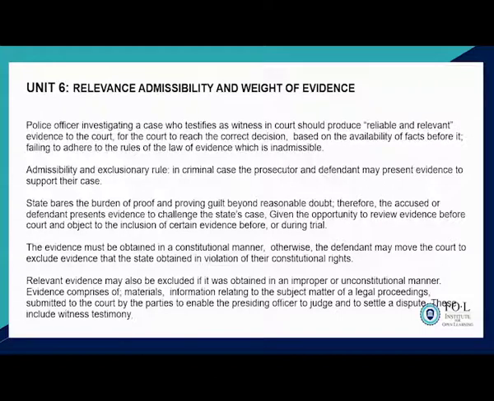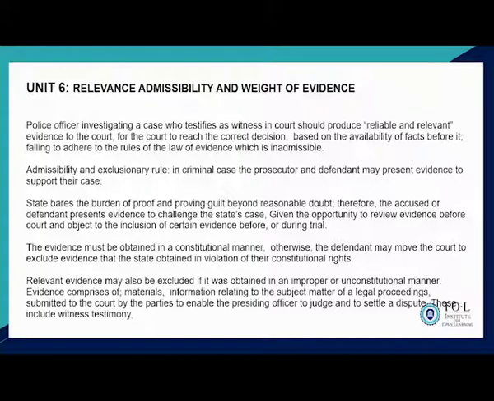Admissibility and exclusionary rule: in criminal cases, the prosecutor and the defendant may present evidence to support their case. The state bears the burden of proof, proving guilt beyond reasonable doubt. Therefore, the accused or defendant presents evidence to challenge the state's case.